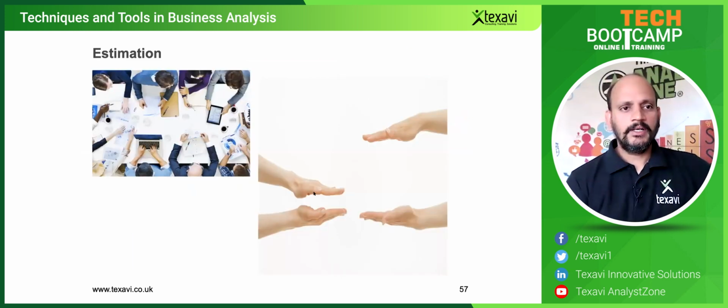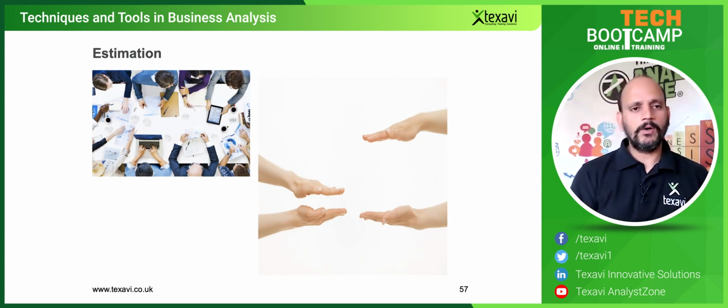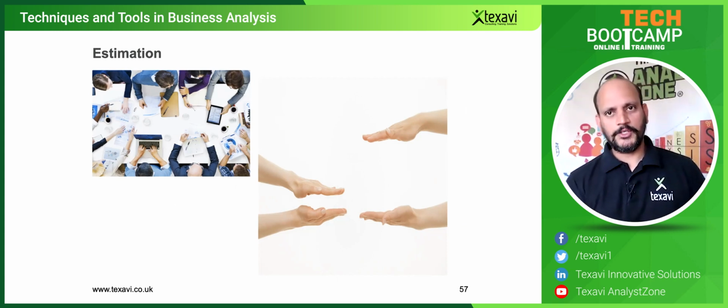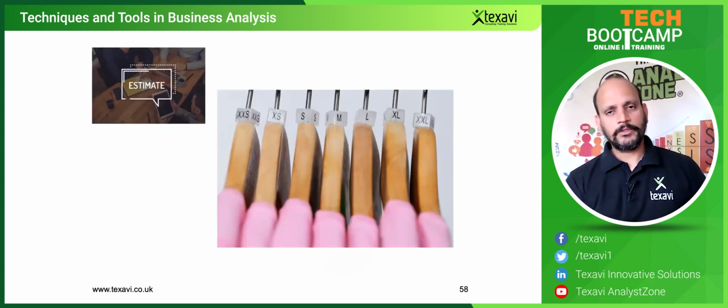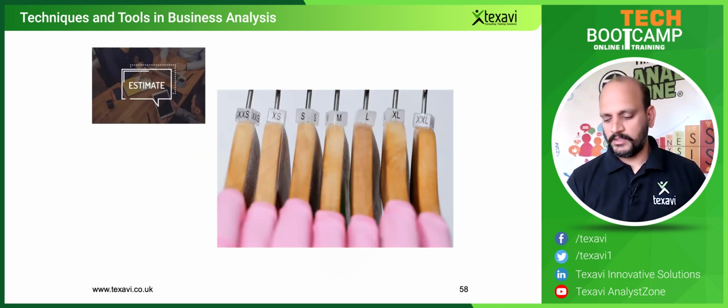Estimation, again, just quickly brushing through, I don't want to spend much time. There are a lot of estimation techniques. It's all about sizing, whether it is small, medium, or large. That's why we call it relative estimation in Agile methodologies. It's also called T-shirt sizing. There are a lot of different tools and techniques that people might use, so don't get confused.